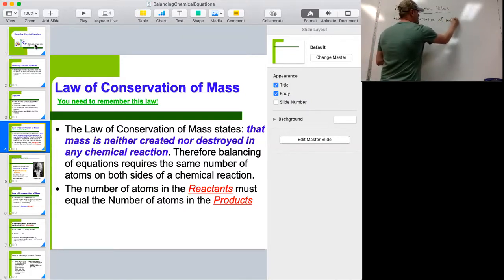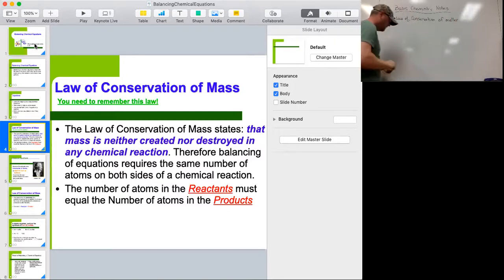And what we have to remember about this particular law is that in a chemical reaction, which photosynthesis is, we can't create or destroy anything, okay?